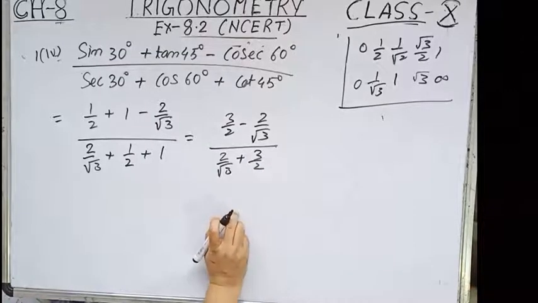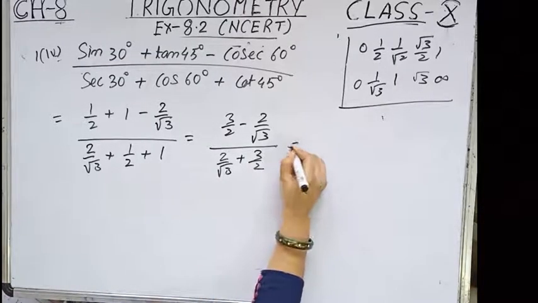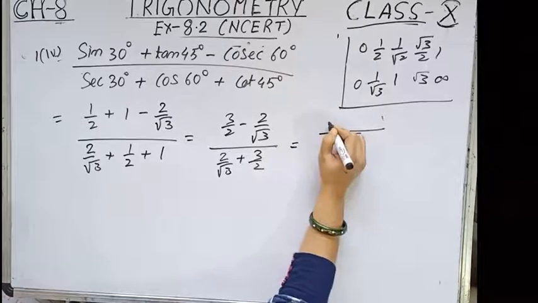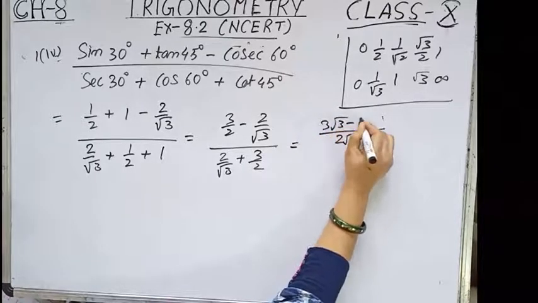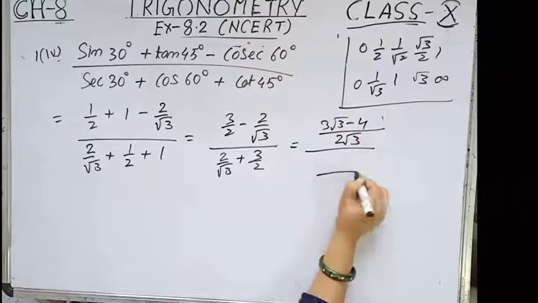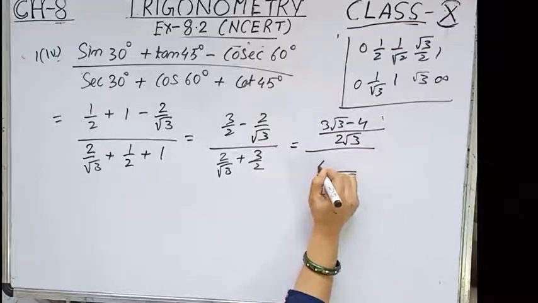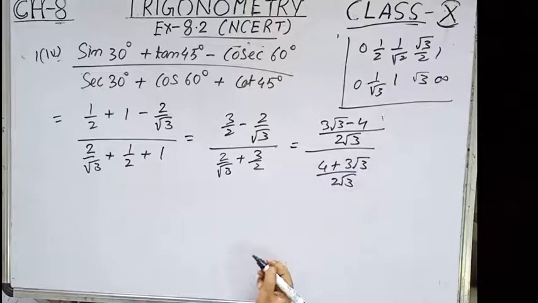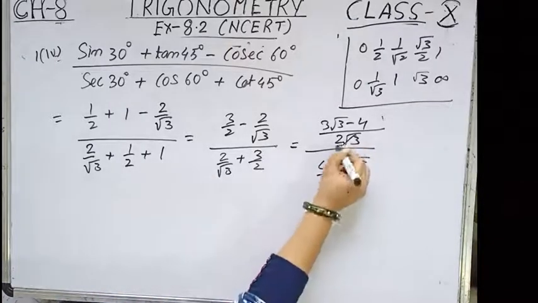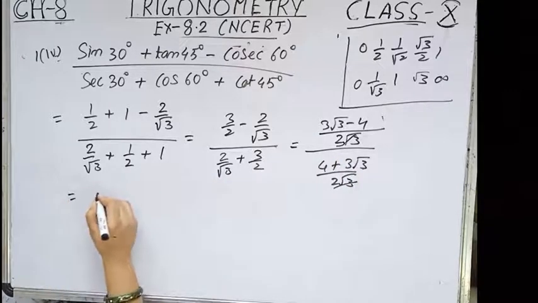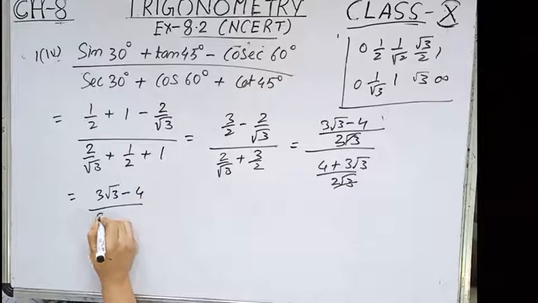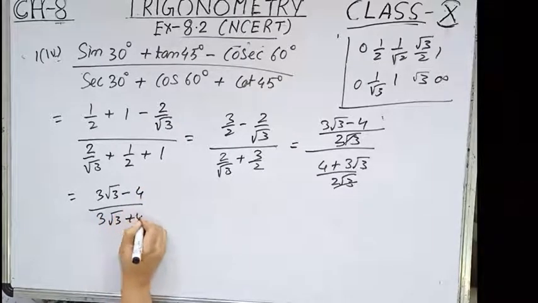So this will be equal to, let us solve it, LCM 2 root 3, and over here 3 root 3 minus 4, and over here also LCM is 2 root 3 and 4 plus 3 root 3. So these two will be cancelled and we are getting over here 3 root 3 minus 4 by 3 root 3 plus 4.